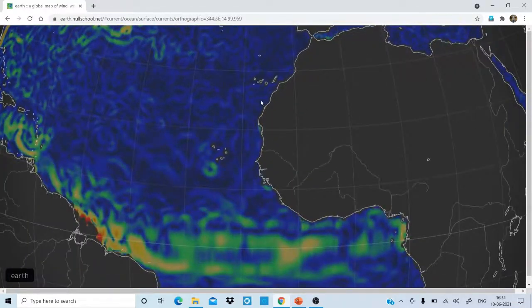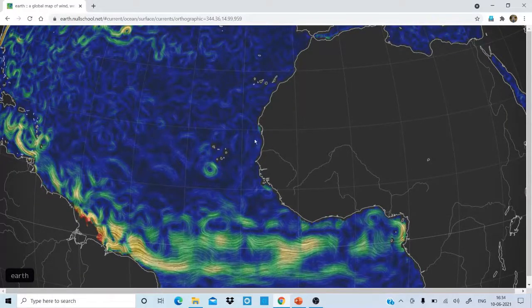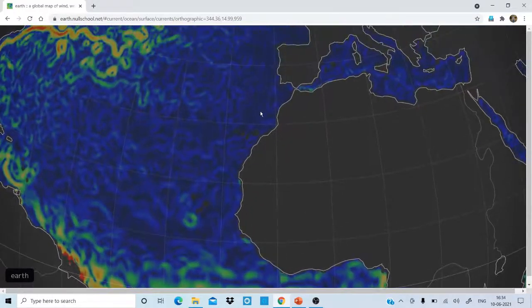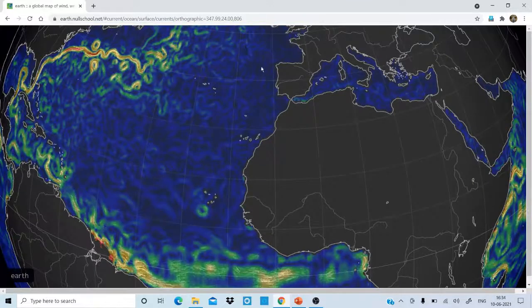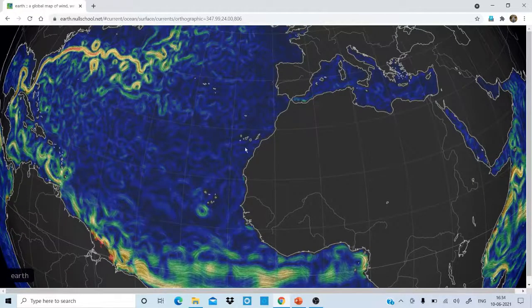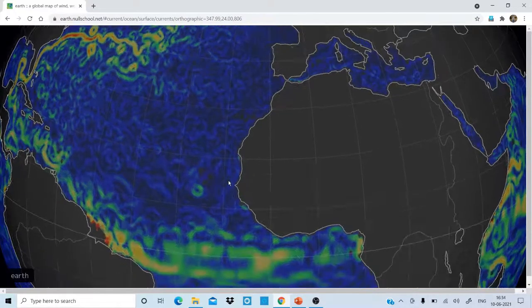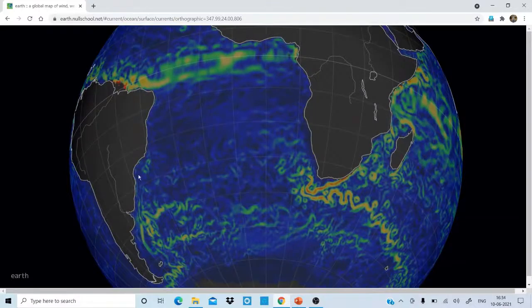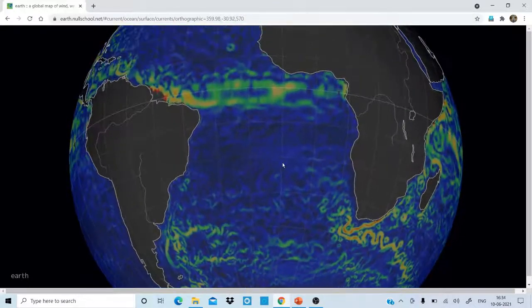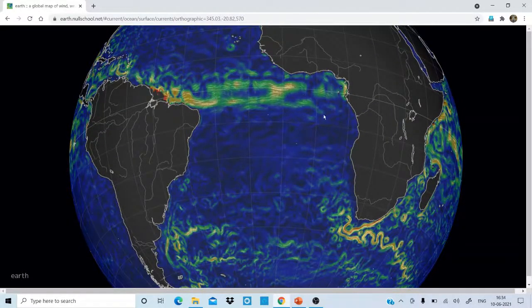And then if you can make out clearly, on this side near the Canary Islands, this flow of the current is over here. I am not sure if you can see it properly. This is the Canary current. So this becomes the North Atlantic gyre. And in the Southern Atlantic Ocean, this is the South Equatorial current.